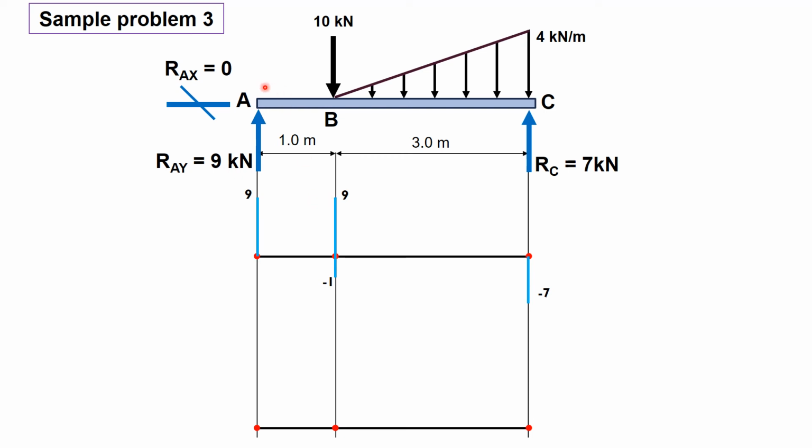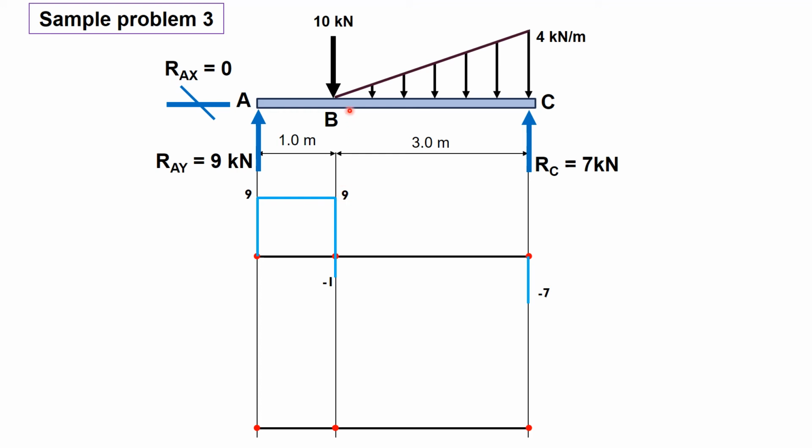So since between A and B, wala tayong load, then if you connect these two ends of these ordinates, you will get a horizontal line. So that is, you can check for it doon sa guideline natin, no? Na kapag walang load between 2 points, then the shear diagram is horizontal.